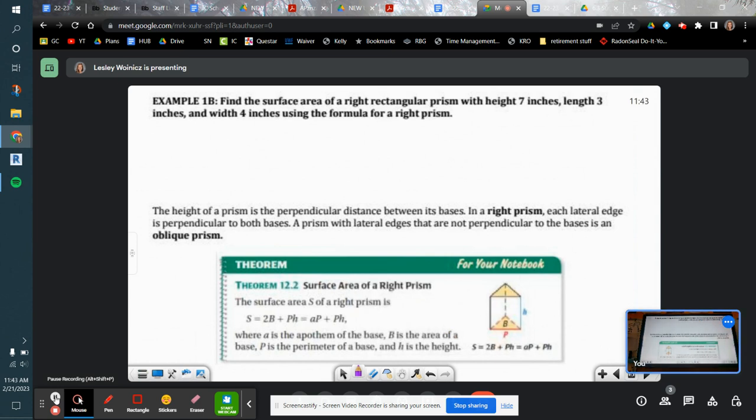Right? Yeah. Okay, we're going to find the surface area of a right rectangular prism with a height of 7, a length of 3 inches, and a width of 4 inches using the formula for a right prism.